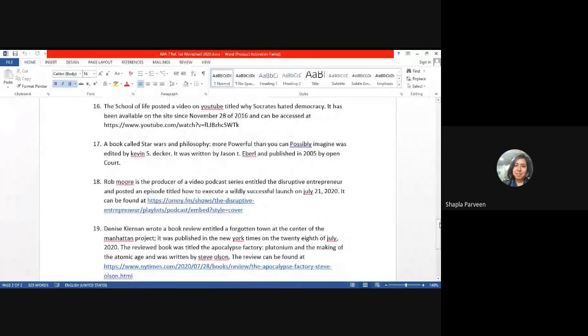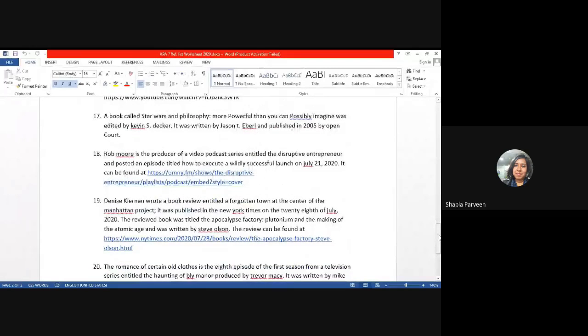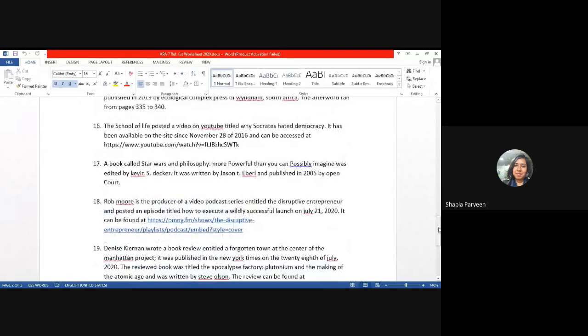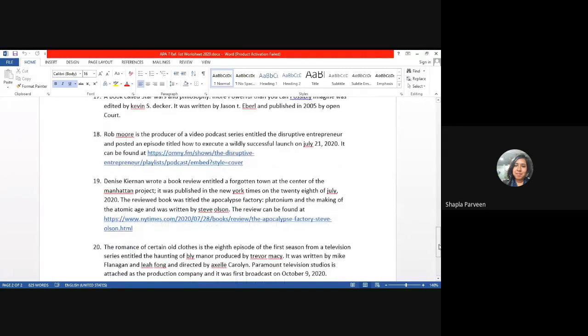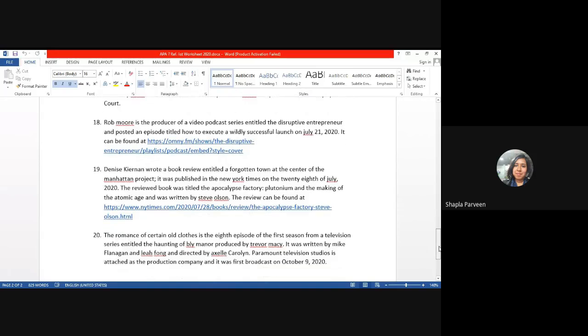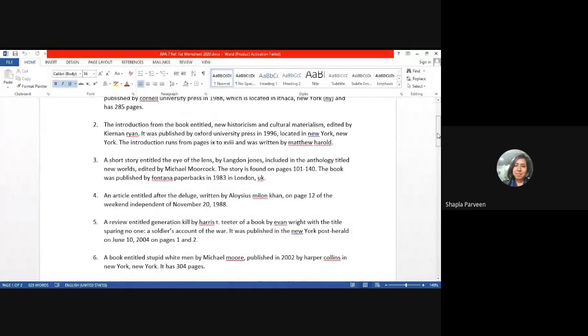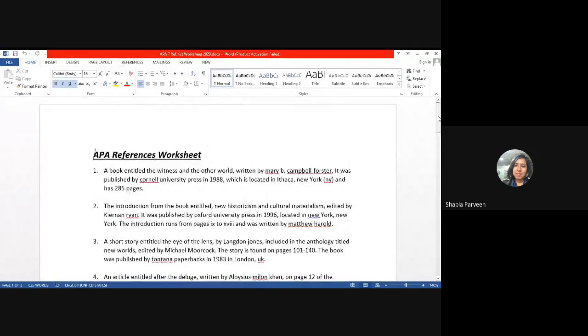There are some examples towards the end where the online address, the URL, is given, and you know that it is an online source. But if the URL address is not given, then you know that it is printed, either a printed book or printed journal article or magazine article, and so on.